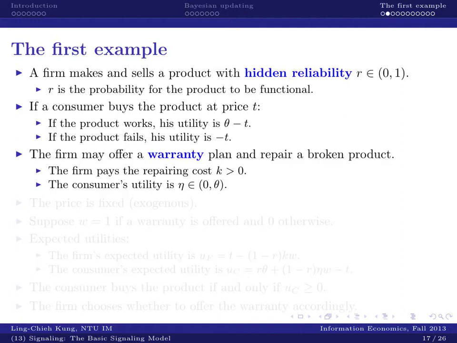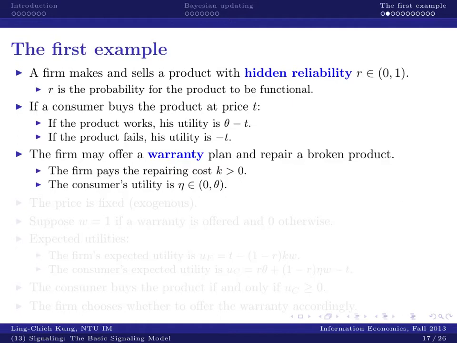And also, when you return the product to the manufacturer and get it back after several days, you get some inconvenience. Or you may assume that the difference between eta and theta is the cost for you to mail or bring the product back to the manufacturer.